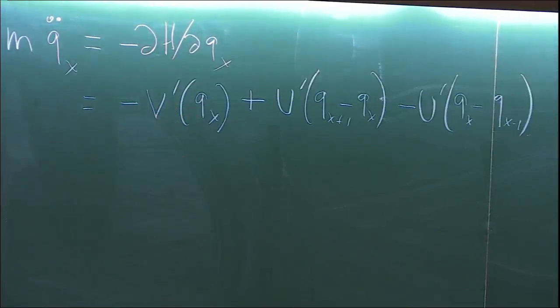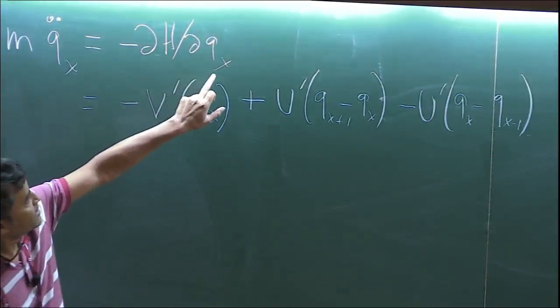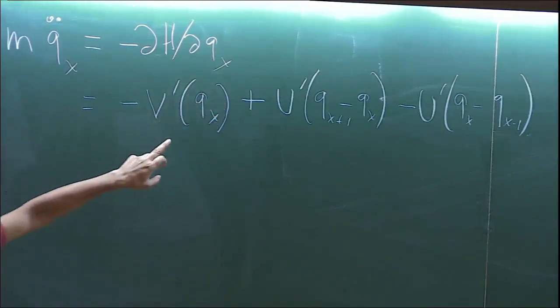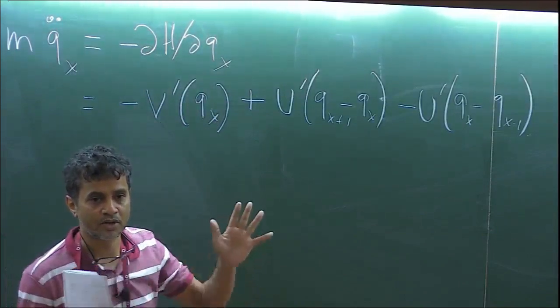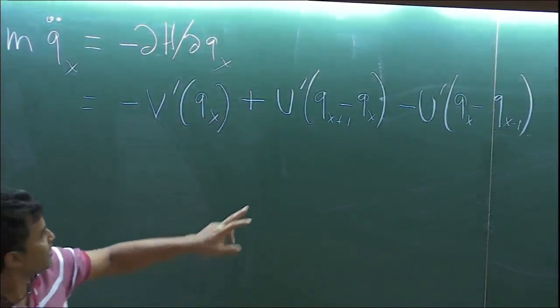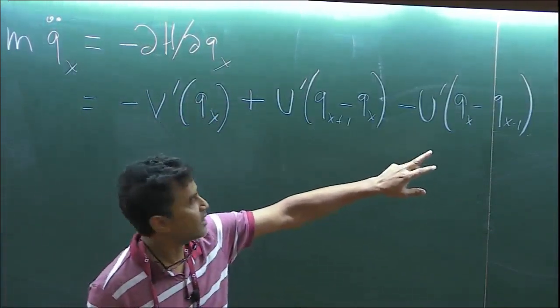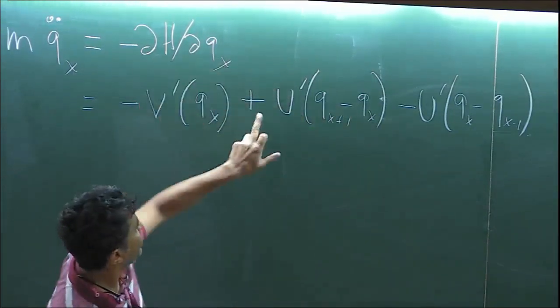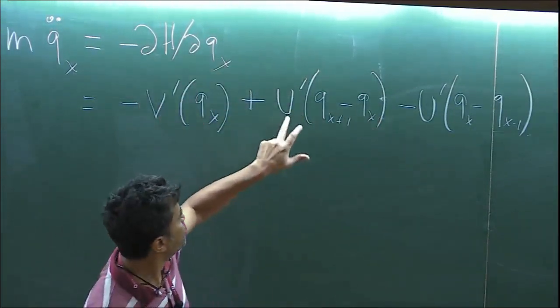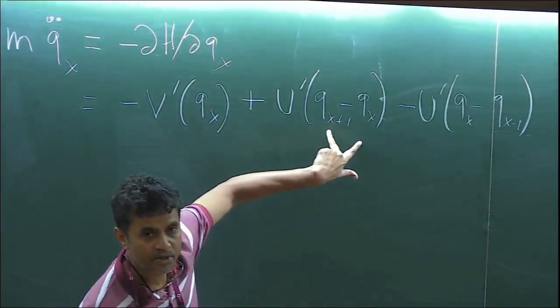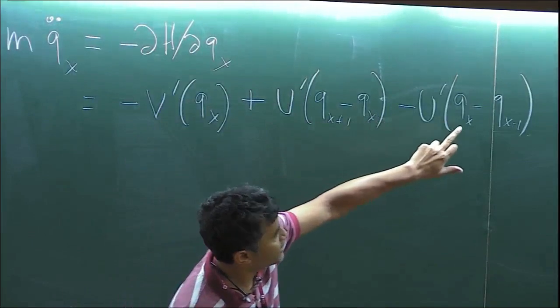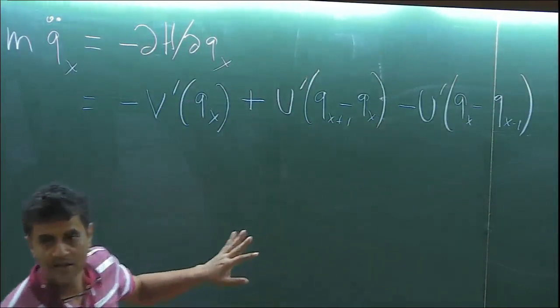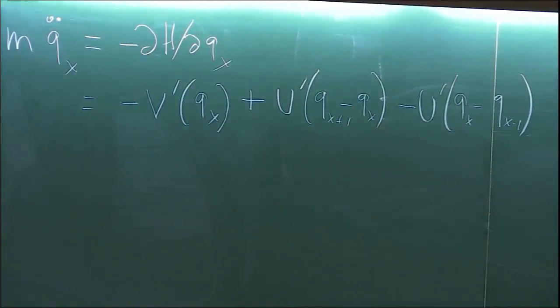And when I take del H by del qx, you can see that qx appears with the x plus 1 particle and the x minus 1 particle, right? It appears in two places in the Hamiltonian. So that's why I get two terms here. And because of this minus, I get here plus and minus. Okay, so this U prime just indicates the derivative with respect to the argument. And because here is qx and qx is here, there's a difference in sign. Okay, so this is the equation of motion for the particles.